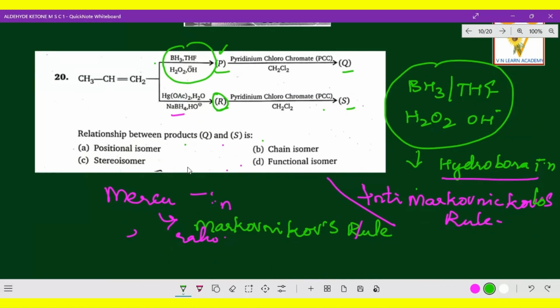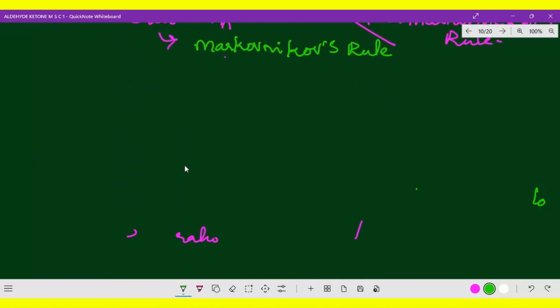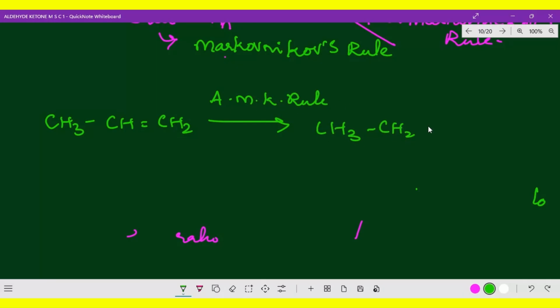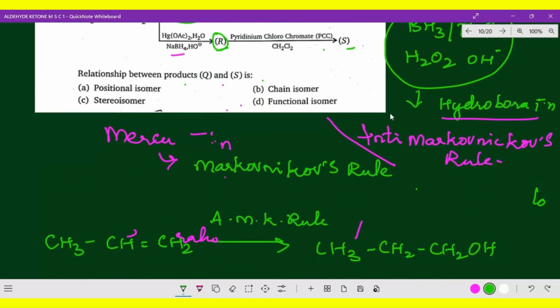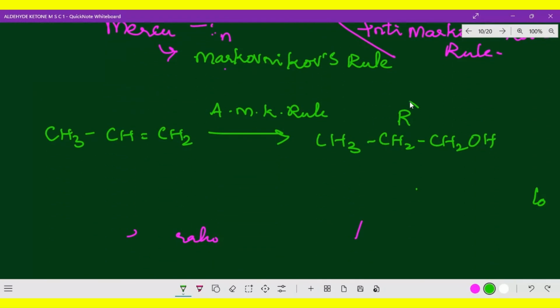Okay, now P and R, let us check. Here CH3, CH double bond CH2, right? So you will get the product by anti-Markovnikov's rule. According to that, CH3, CH2, CH2OH you will be getting. So this is product P, right?